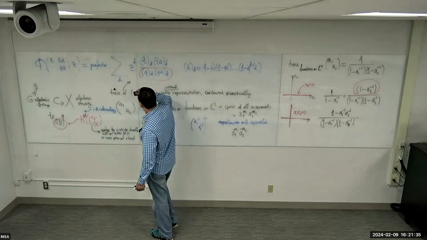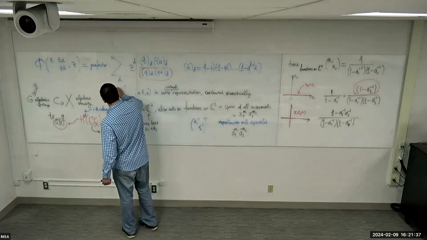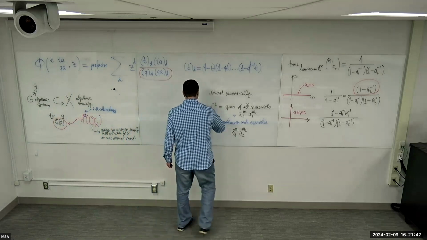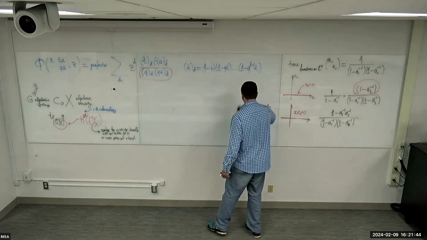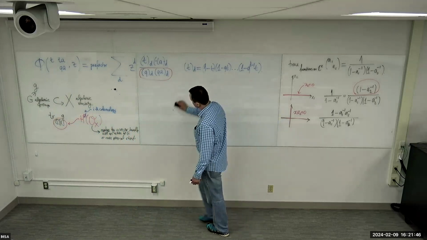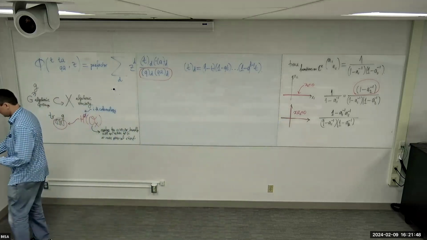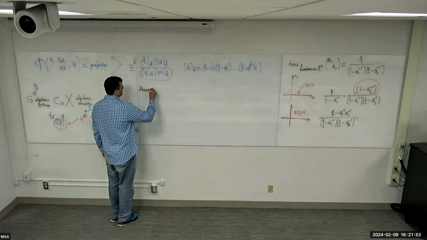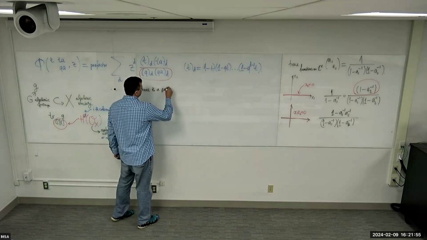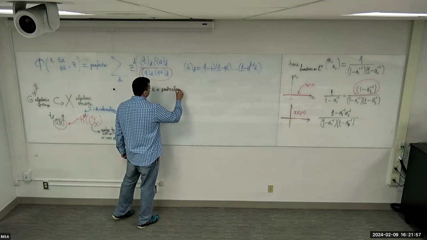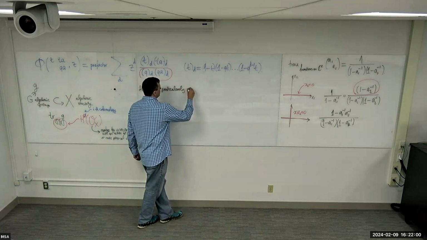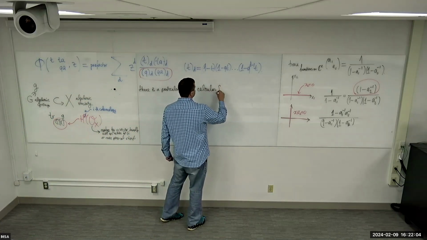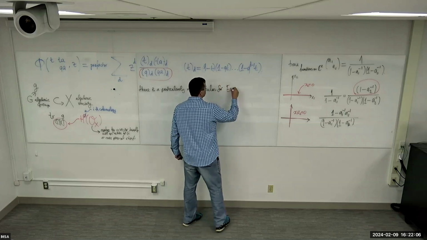And there is a very nice calculus. There's a particularly nice calculus for something called the Euler characteristic.